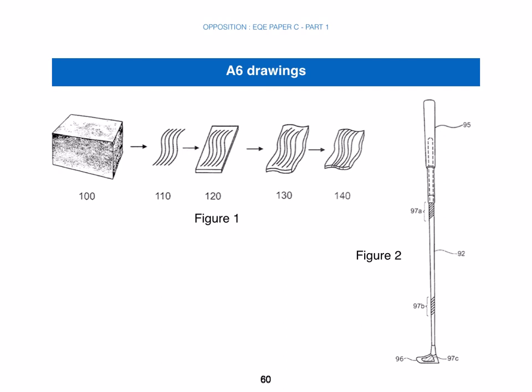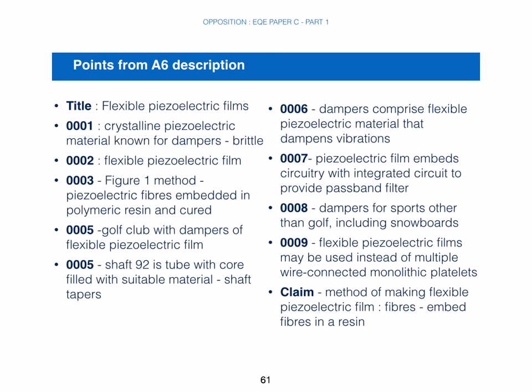Now A6's description. Title: Flexible piezoelectric films. Paragraph 1. Crystalline piezoelectric material is known for dampers and is brittle. Paragraph 2 presents flexible piezoelectric film. Paragraph 3. Figure 1 method shows piezoelectric fibers embedded in a polymeric resin and cured.